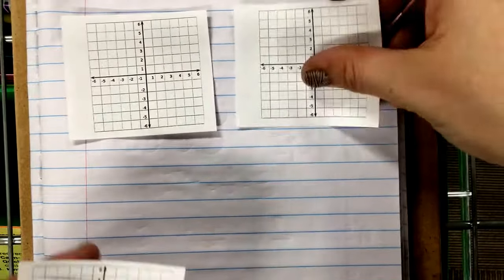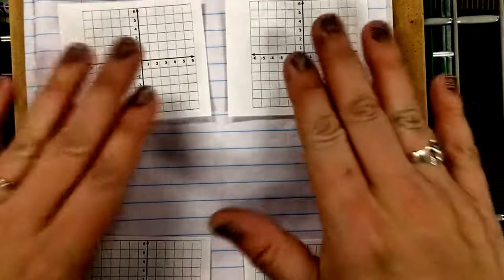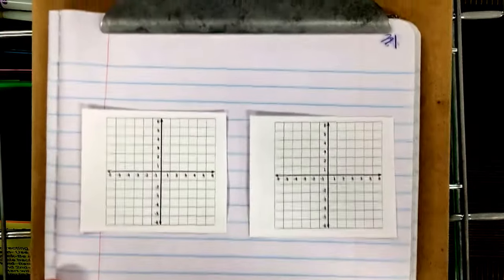So you should have 4 graphs, cut them apart, we're going to glue them down one at a time. I'm not going to glue them yet, but I just want to show you kind of the spacing.